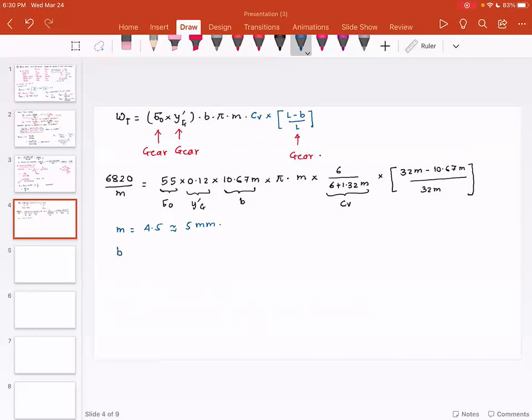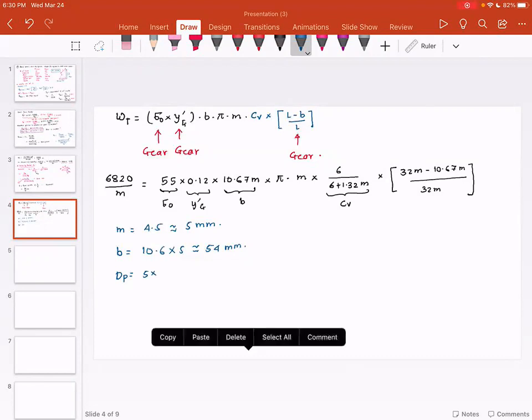The face width B is equal to 10.6 multiplied by 5, which is approximately 54 millimeters. The gear diameter DG is equal to the module, which is 5, multiplied by the number of teeth, 60, which is 300 millimeters.